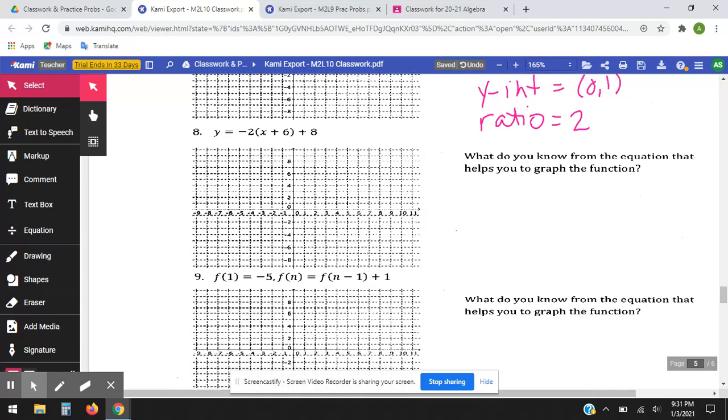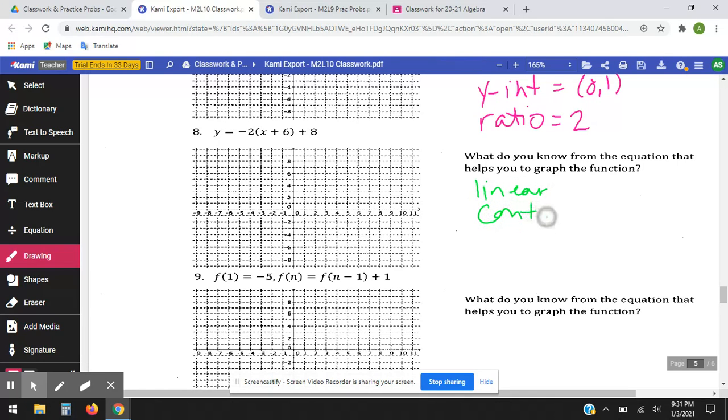What do we know? Well, from this one, we know this is linear. We also know it's continuous because it's explicit. It is slope point form, so I know there is a slope of -2 and a point on the line is, let's see, it's a positive 6 here, so that means negative 6 and positive 8, as I've subtracted my x.